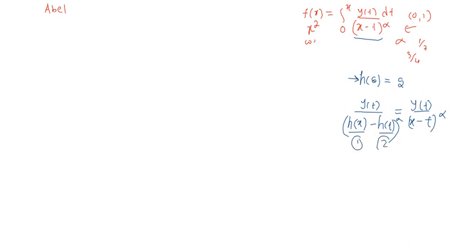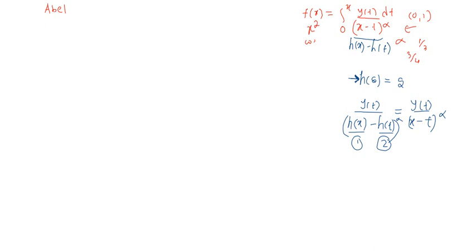Now we will study a general form of Abel singular integral equation, and that general form will be given in terms of some function, like here I have shown you h of x, h of s. In general, if we have some function h of x minus h of t, then how to find the solution of this integral equation, that is what we will see.